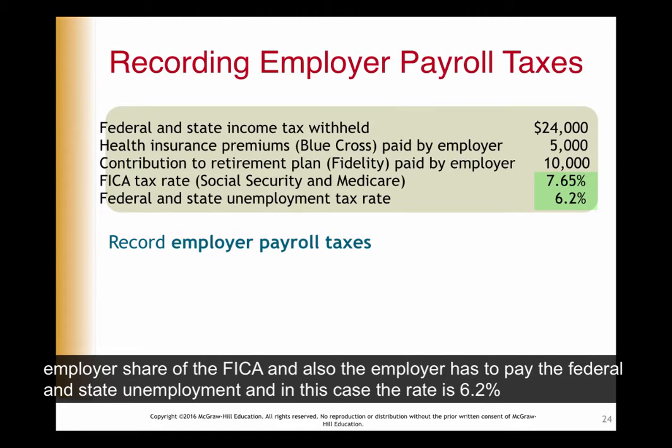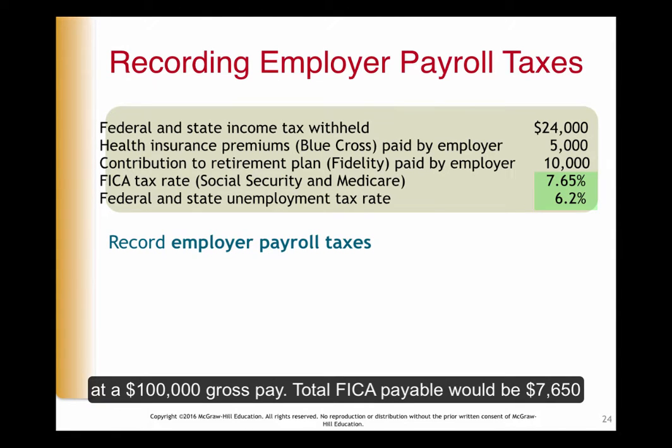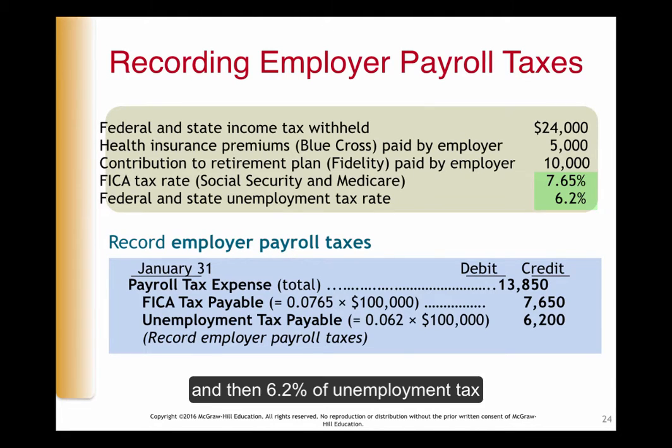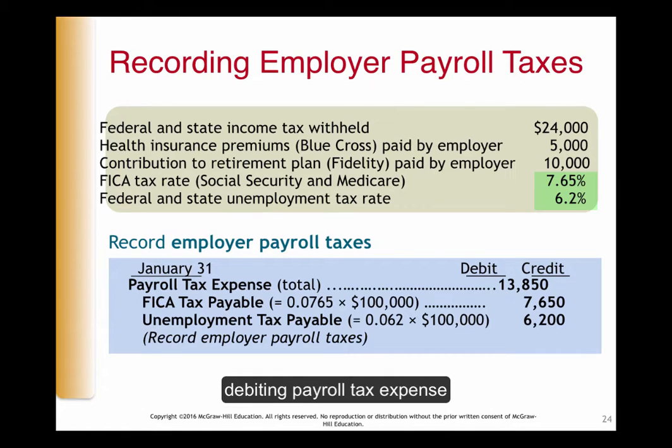And the employer also has to pay the federal and state unemployment, and in this case, the rate is 6.2%. Use that to multiply the gross pay of $100,000. The FICA payable will be $100,000 times 7.65%, which is $7,650, and then 6.2% unemployment tax going to the payable. And those two together will be debiting payroll tax expense.